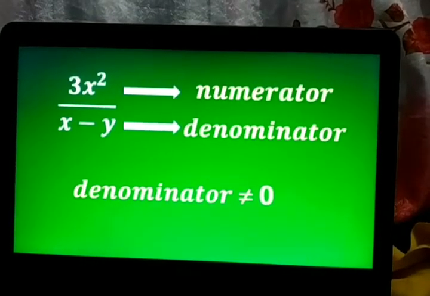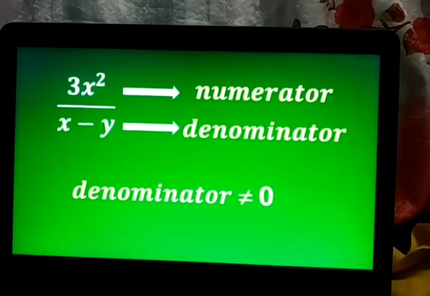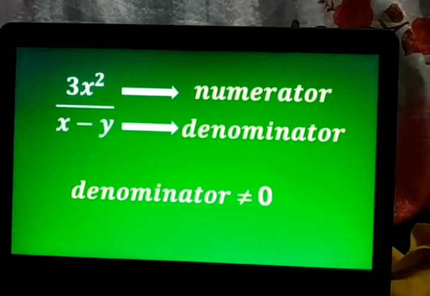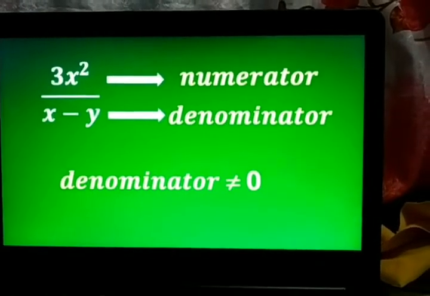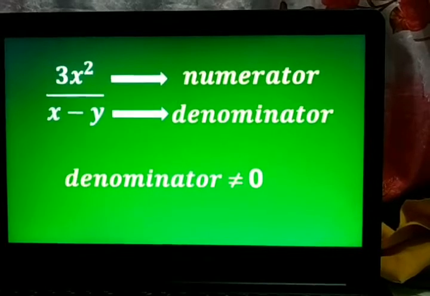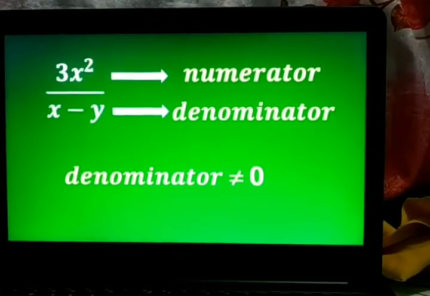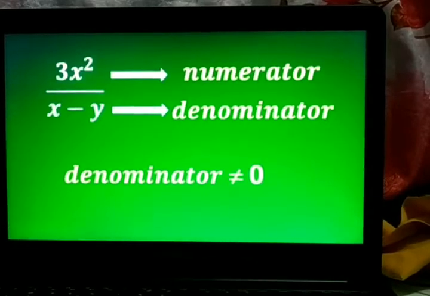If all of this qualifies, then the given is a rational algebraic expression. Again, if it is in the ratio form and the denominator is not equal to 0, that's a rational algebraic expression. If not, then it is not a rational algebraic expression.